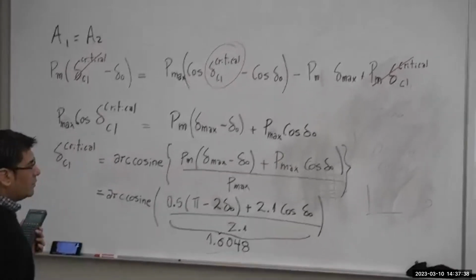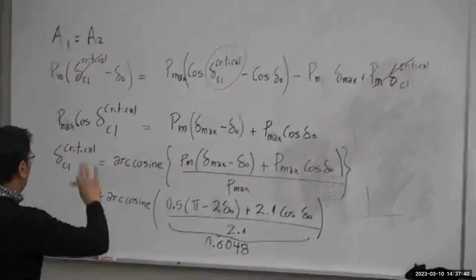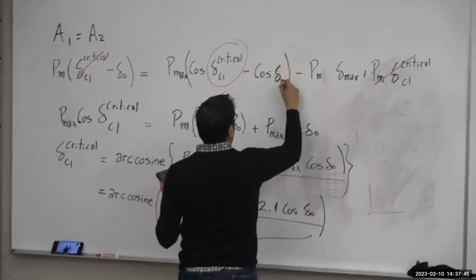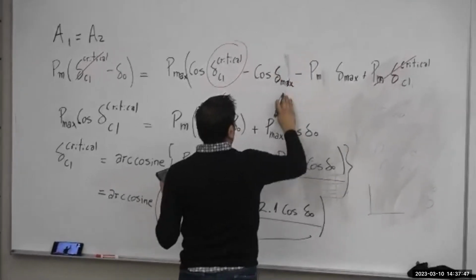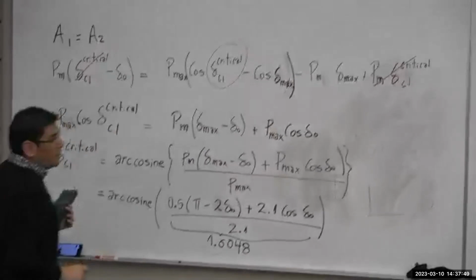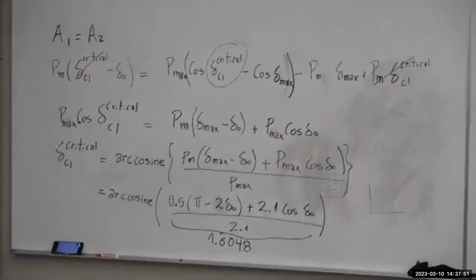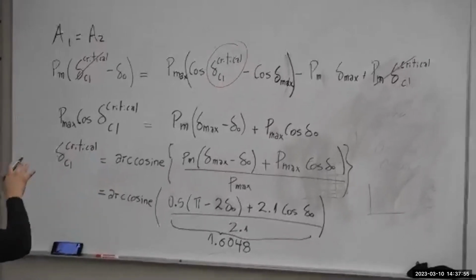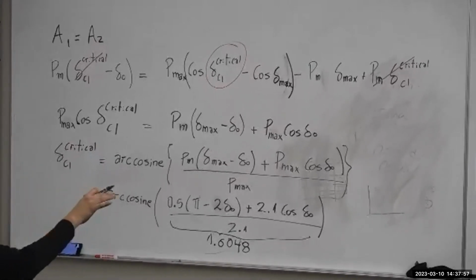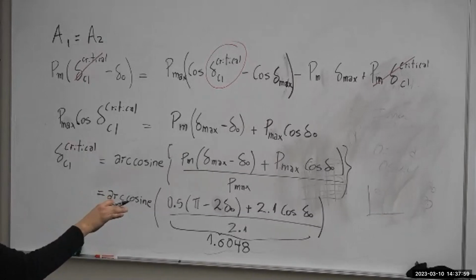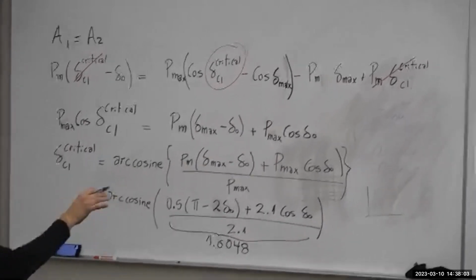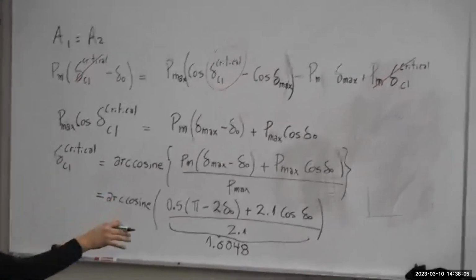Yeah, that's wrong, because this is delta max. That's fine. Are you following? Yeah, is that better? That's delta max. And area 1, I think it's fine. Pm delta critical clearing angle minus delta 0.